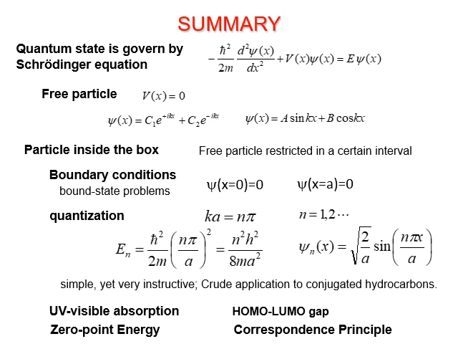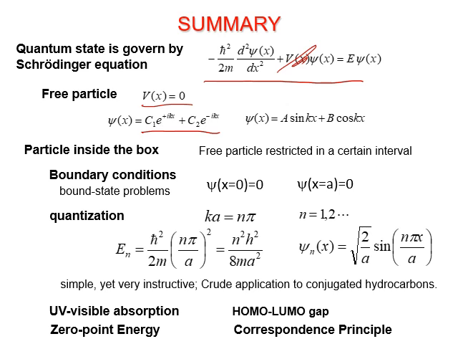In this section, we applied the Schrödinger equation to a free particle where the potential energy is completely 0. This makes the Schrödinger equation very simple to solve, and the general solution is C1 e to the ikx plus C2 e to the negative ikx.